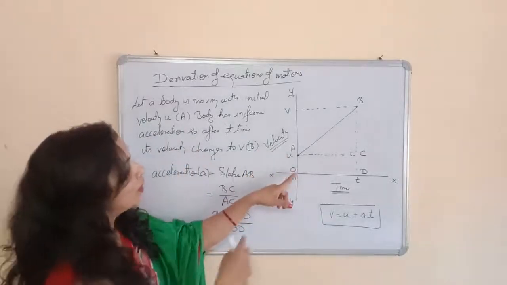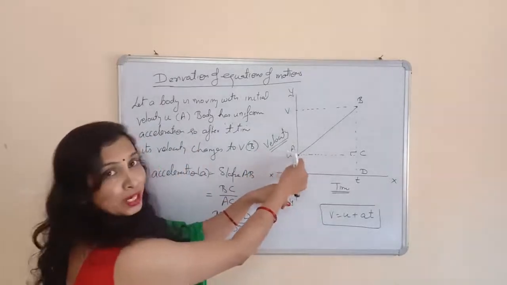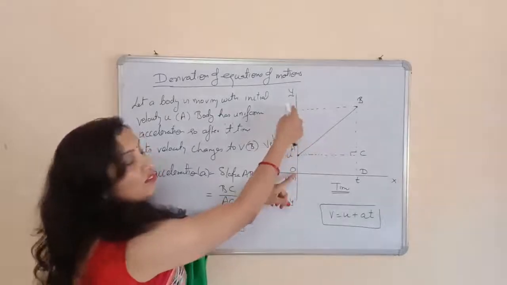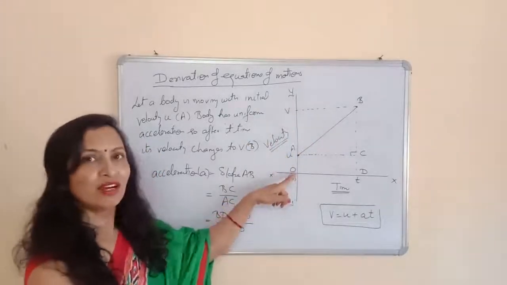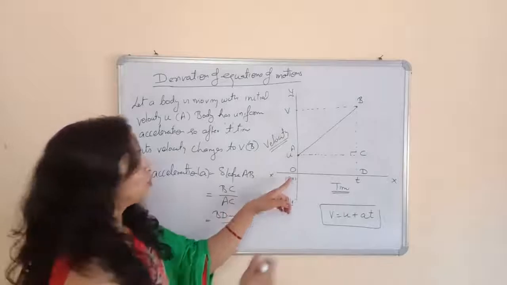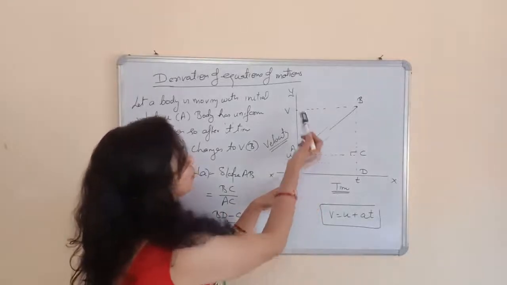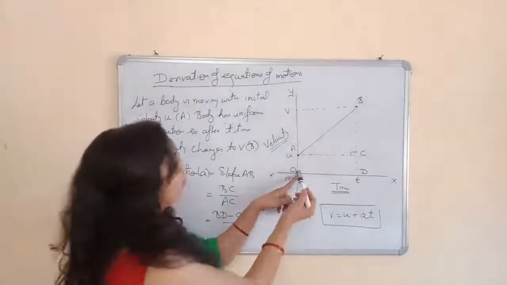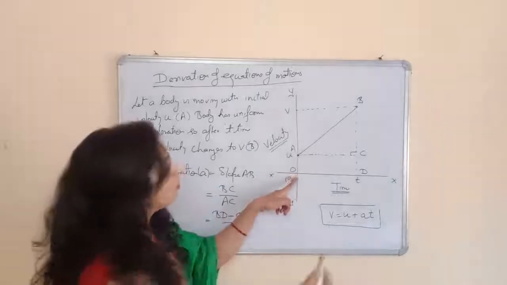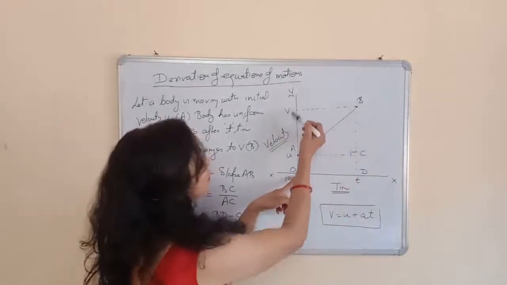देखो ये 0 है और 0 से यहाँ तक की लेंथ U है और यहाँ से यहाँ तक की लेंथ V है. ये ग्राफ है, ग्राफ आप लोगों ने मैथ्स में पढ़ा होगा. So you should know the length from origin to this point is called V, and from origin to this point is called U. So this length BD is equal to this one.